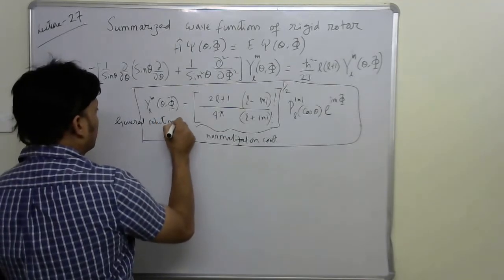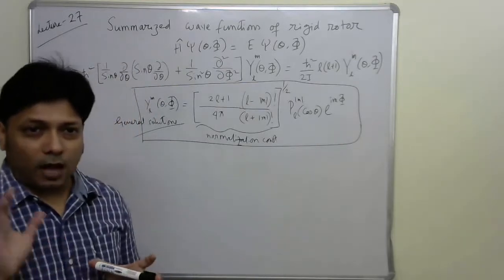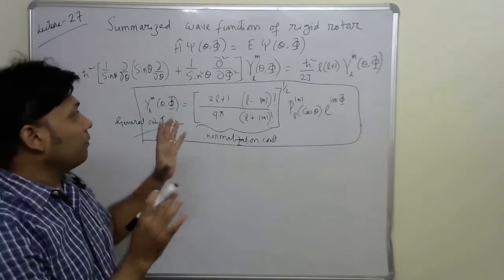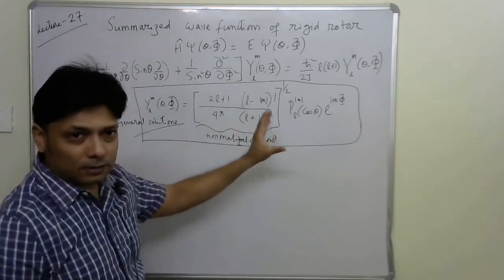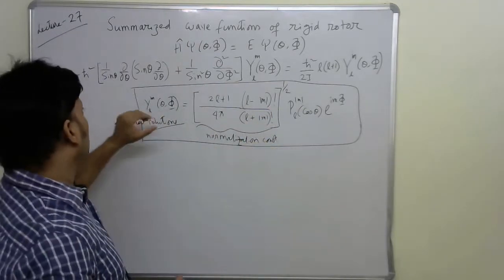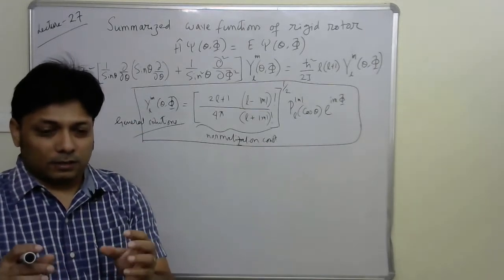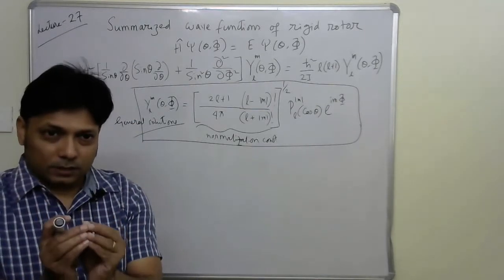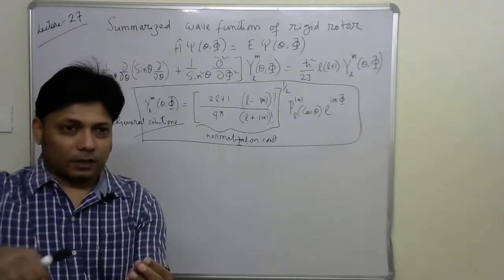Okay. And I also told you that when we study the hydrogen atom, the theta phi part, the psi theta phi, would be exactly like this, because we would assume that keeping the nucleus fixed, the electron of the hydrogen atom is rotating.